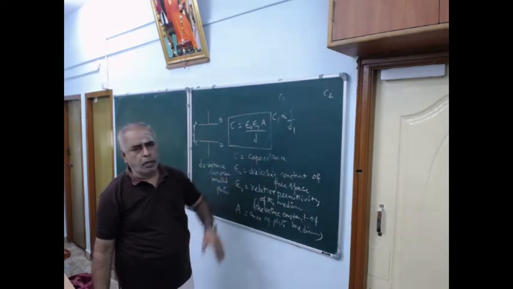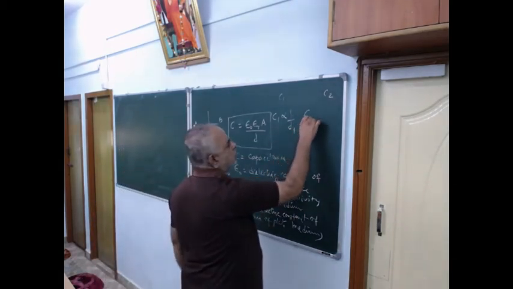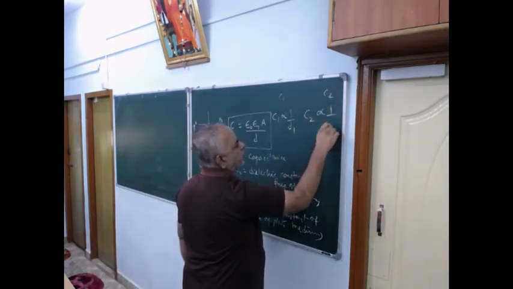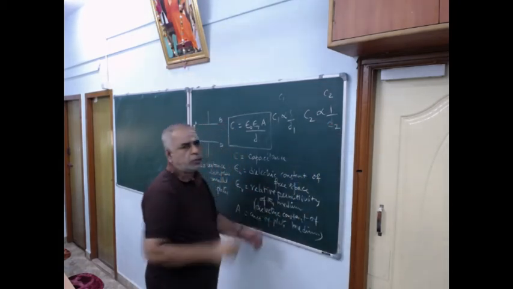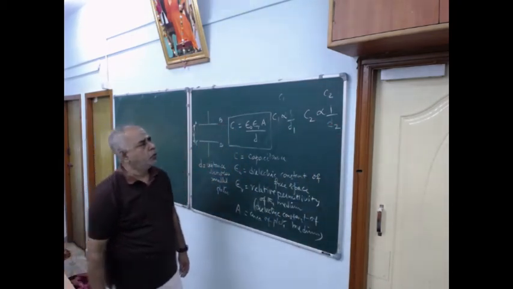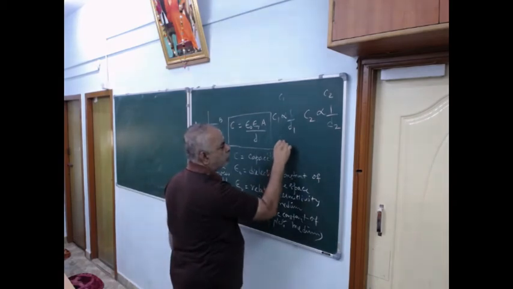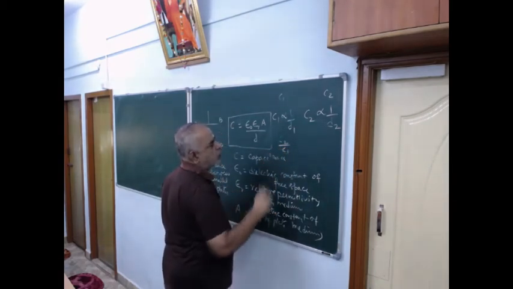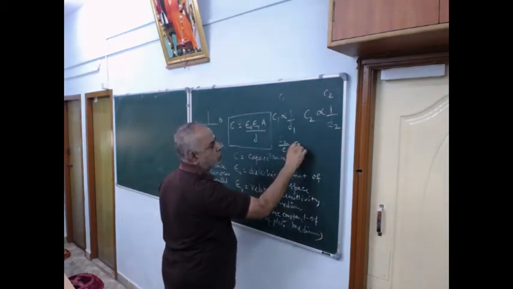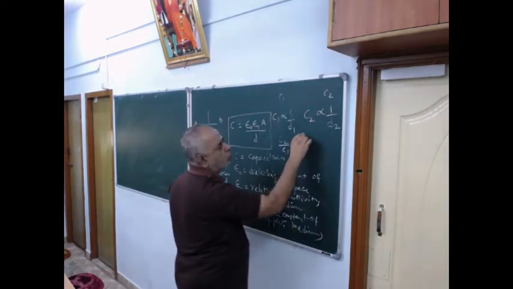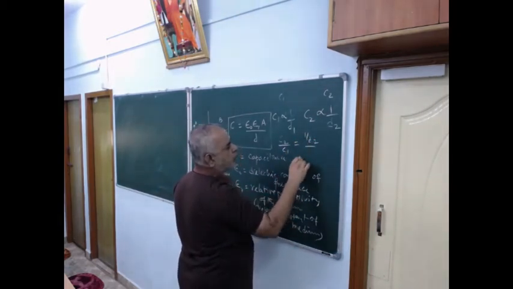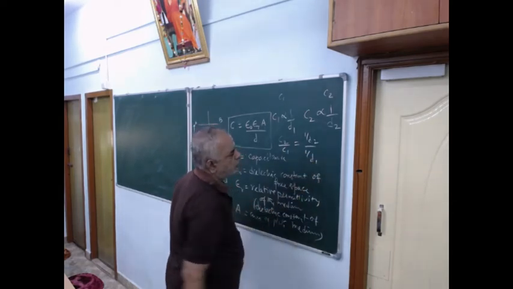If it is halved, means what? That is C2, let me say D2. So in that case, we can have a ratio, and what is the new capacitance? So C2 by C1 is equal to 1 by D2 divided by 1 by D1.